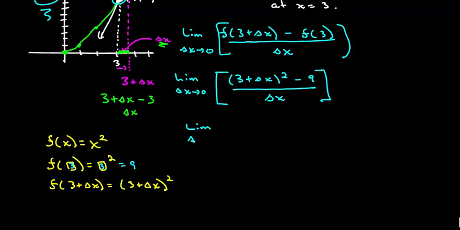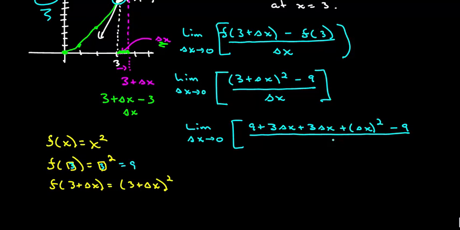So we have the limit as delta x goes to 0. Now I got to square this guy. Do not just distribute the squared in. We actually have to FOIL this. So that's going to be 9 plus 3 delta x plus 3 delta x plus delta x squared minus 9. And that whole guy is over delta x.